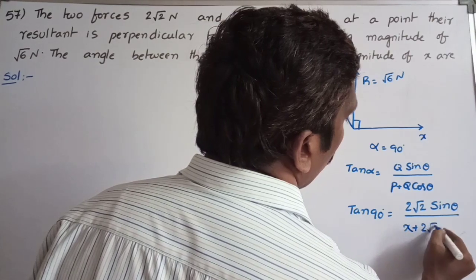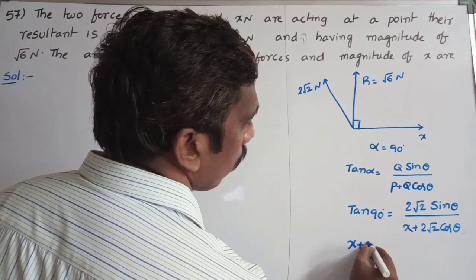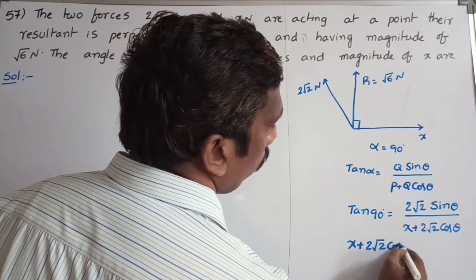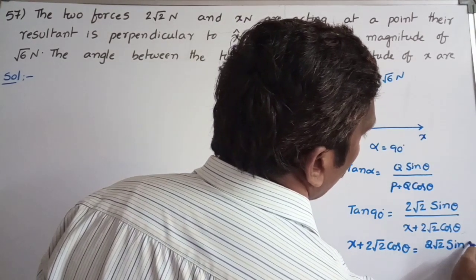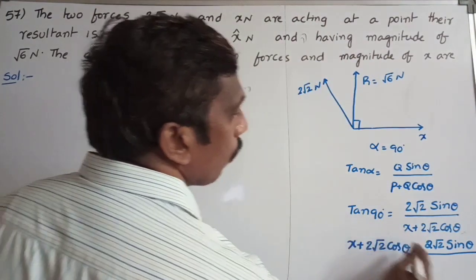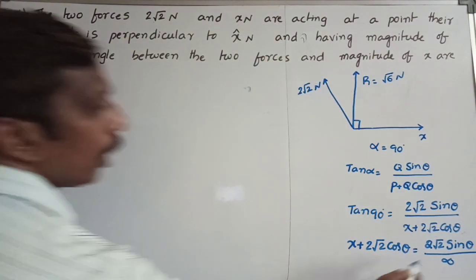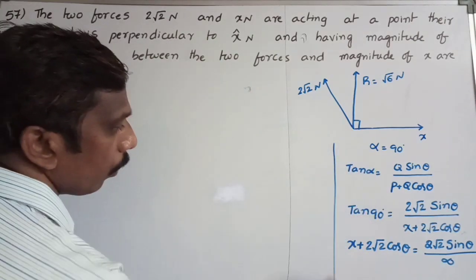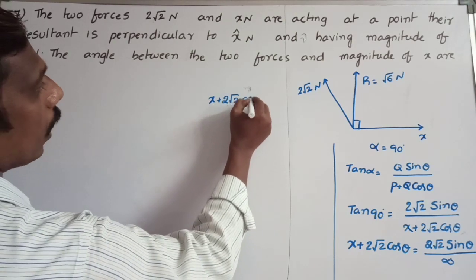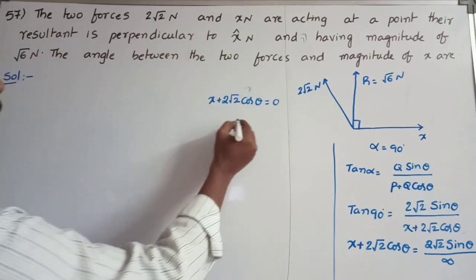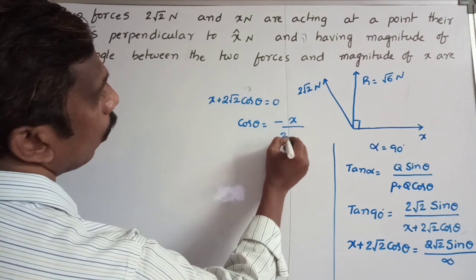From this, x plus 2 root 2 cos theta is equal to 2 root 2 sin theta by tan alpha. Tan alpha value at 90 degrees is infinity. Anything by infinity is equal to 0. From that we can get x plus 2 root 2 cos theta is equal to 0. From this cos theta is equal to minus x by 2 root 2.